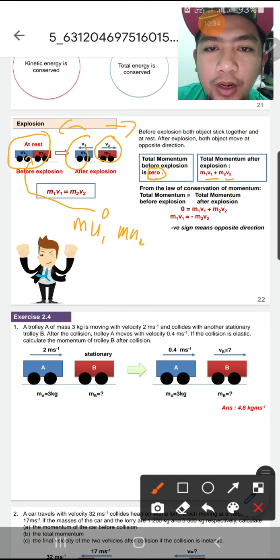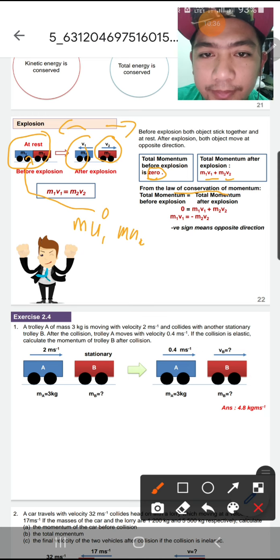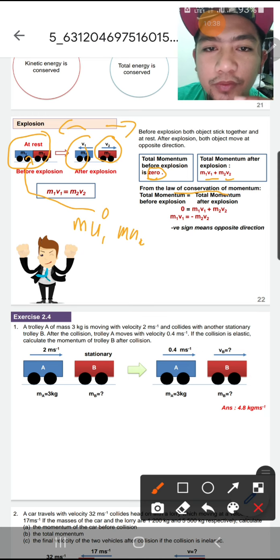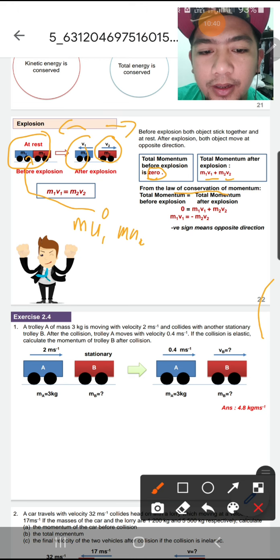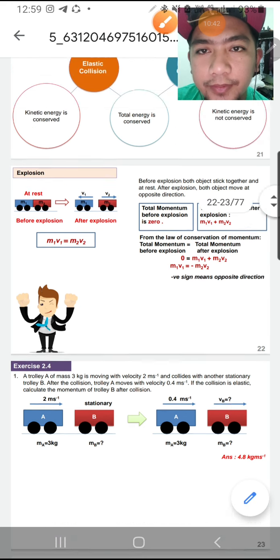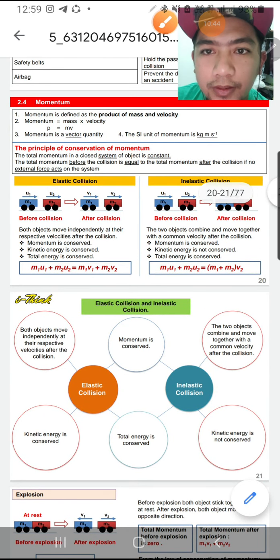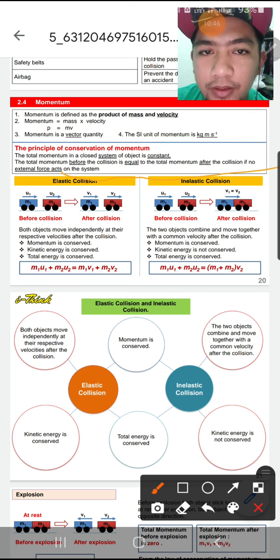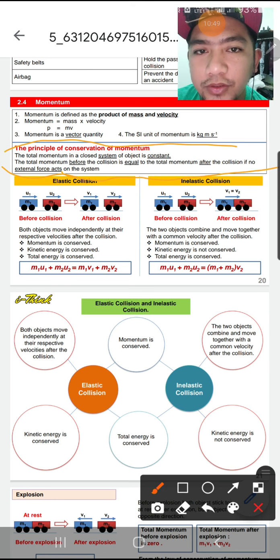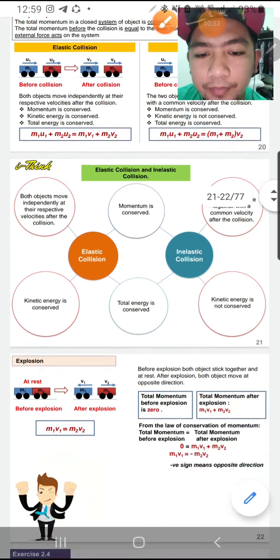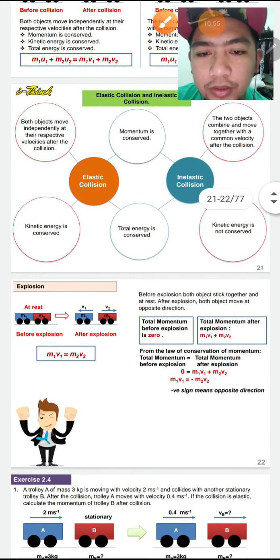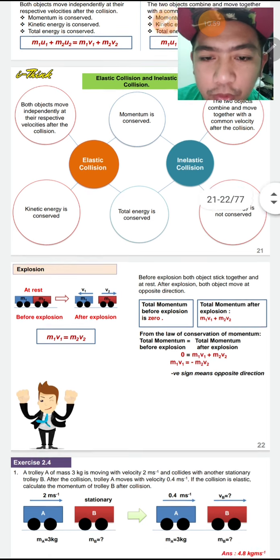So from the law of conservation of momentum, this is the law, the principle of conservation of momentum, the total momentum before explosion is equal to the total momentum after explosion.